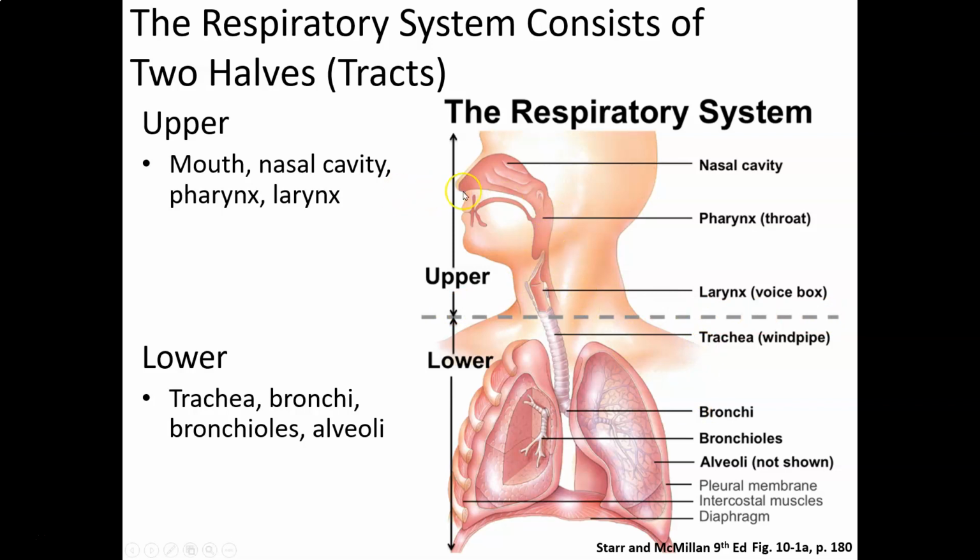So your mouth, your nose, your nasal cavity, what's called the pharynx, that's your throat, and the larynx, that's the upper. The lower would be your trachea and your bronchi, and your bronchi branch 23 times before they actually terminate in your terminal bronchioles, where we have alveoli, and that would be the lower respiratory tract. So your gas exchange surface is in the lower respiratory tract.